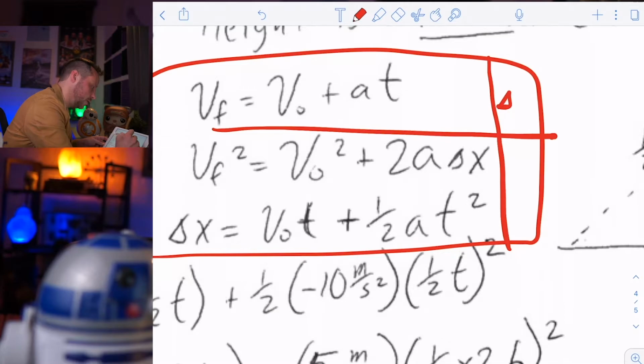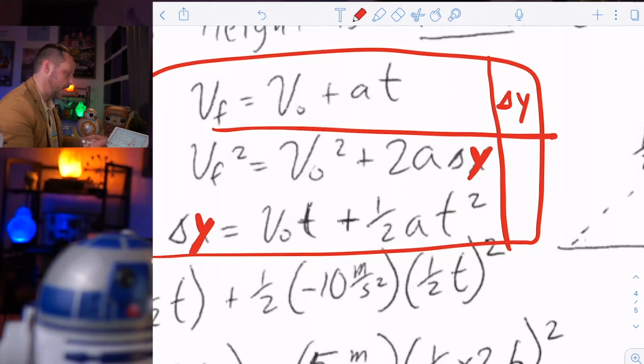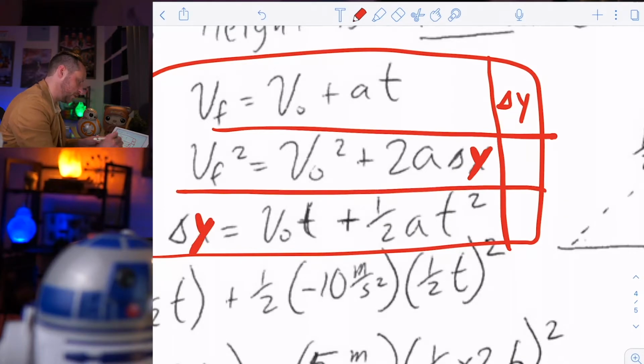Oh, yes, displacement. Now I'm working vertically, so I'm going to write a delta y instead of a delta x for vertical stuff. So I should maybe even change this to a delta y just to be totally consistent, right? And then what are we missing in the second one? Well, we're missing change in time. And what are we missing in the third one? We're missing final velocity.